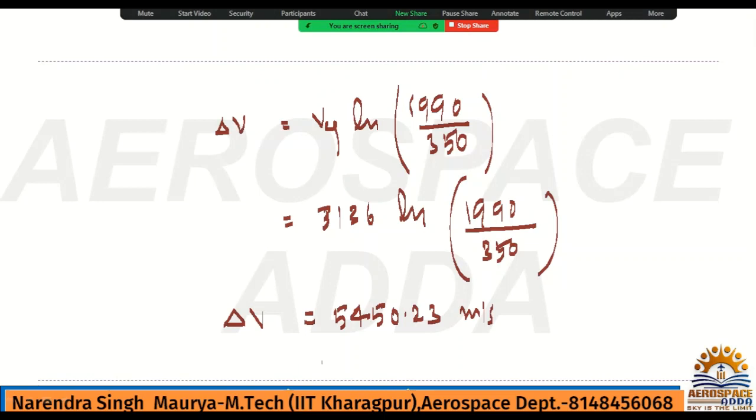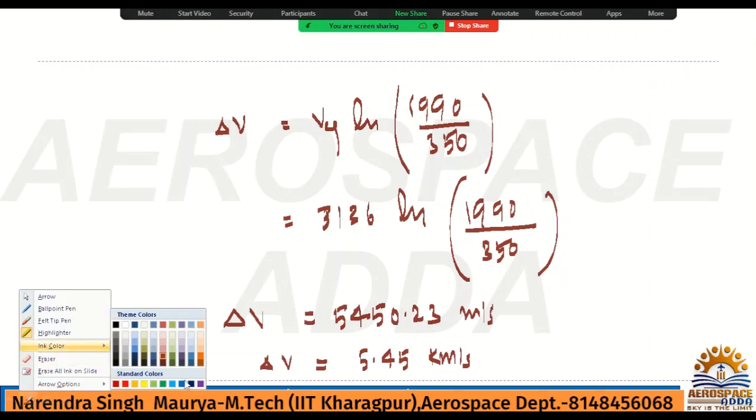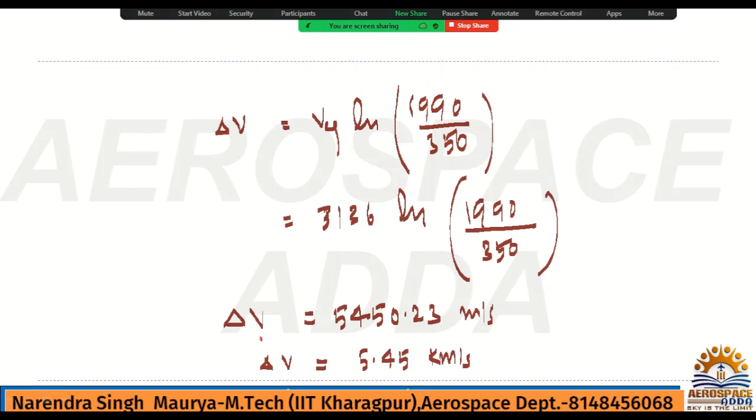So we'll convert it into kilometer, so it will be 5.45 kilometer per second. So in the blank space you have to fill 5.45, that's all. Kilometer per second they will take automatically. You need to fill only 5.45. This is the problem. This is for 2 marks. I hope this one is clear. Done.